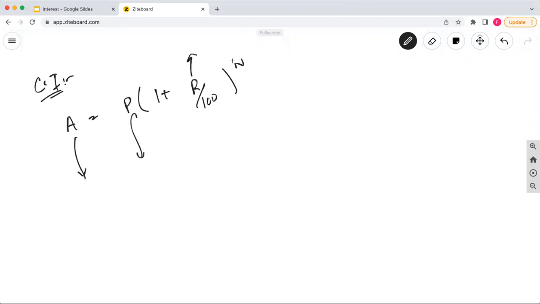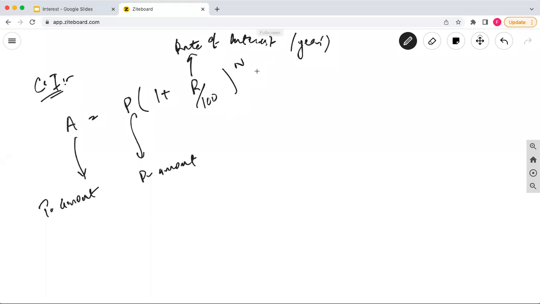This is the rate of interest per year. This formula is for rate of return per year, per annum, and this N is the total number of years.